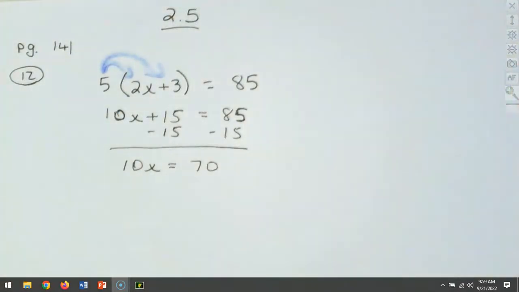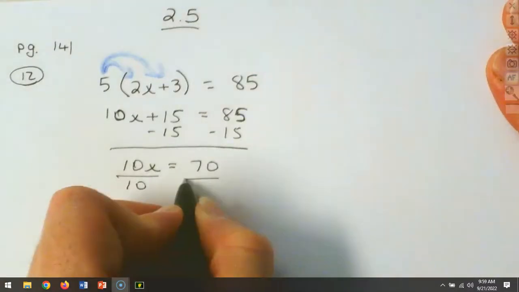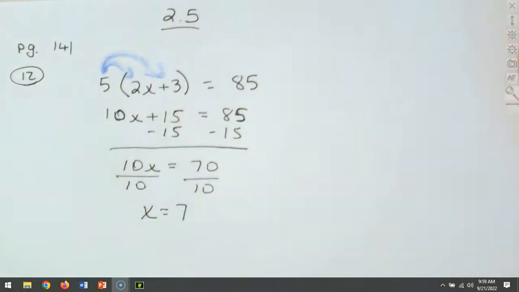And what's my last step? Very last thing we always do is divide. So what are we going to do now? We're going to divide both sides by what? 10. So divide both sides by the 10. Let's see if it comes out to be a whole number. In this case it does. So it comes out to be the whole number of what? 10.